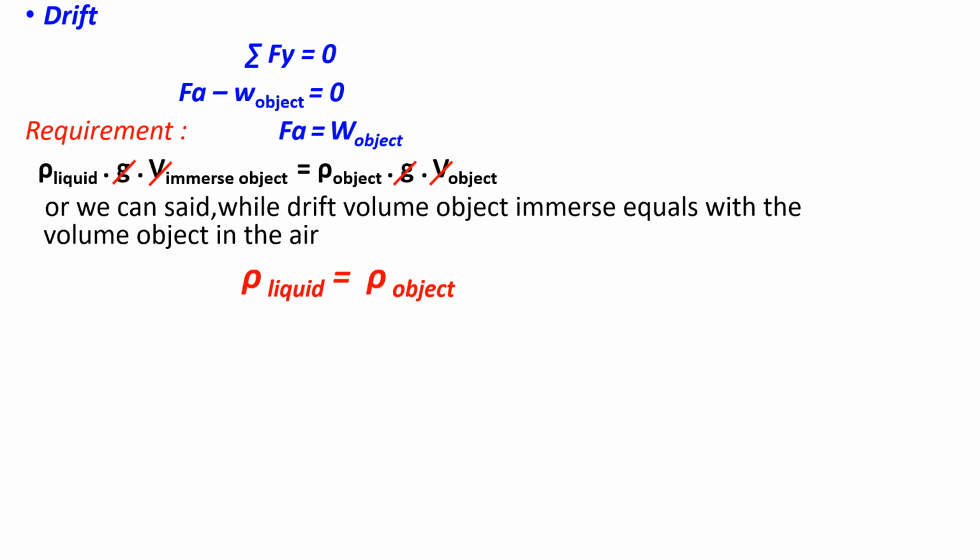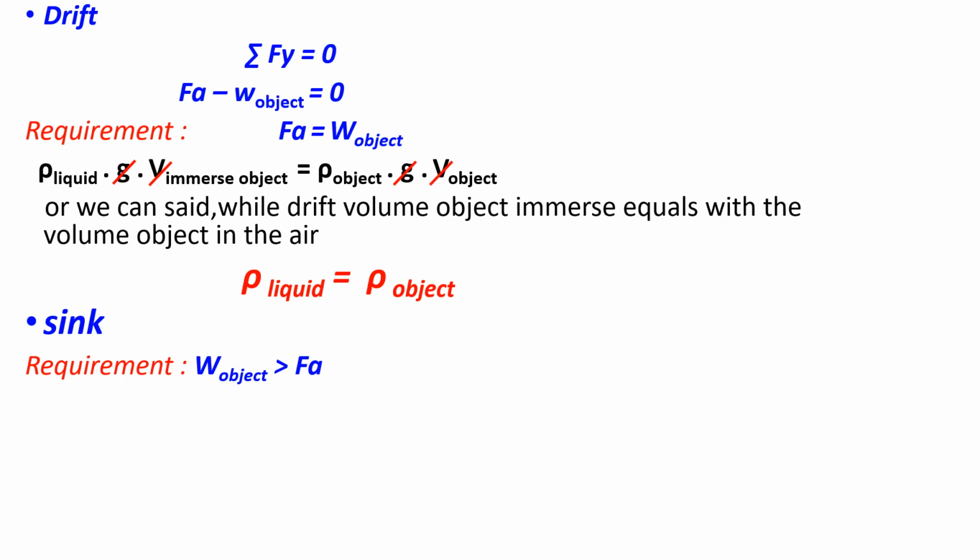And the third condition is sink. From the figure, we can see that while sink, object located at the base of the container. This can happen because weight object is bigger than Fa, and this relation is the requirement for sink, that weight object is bigger than Fa.